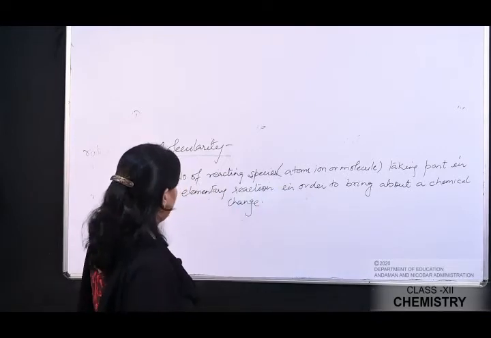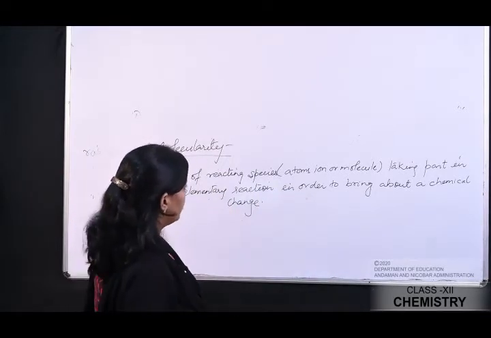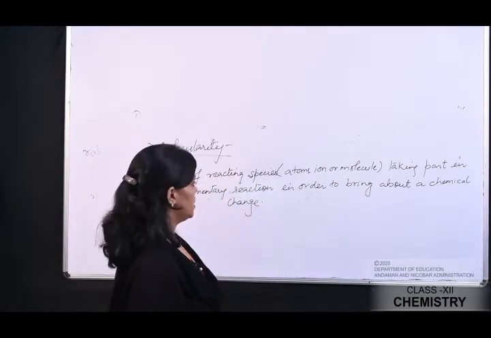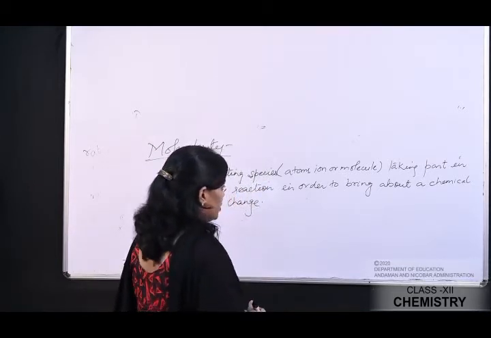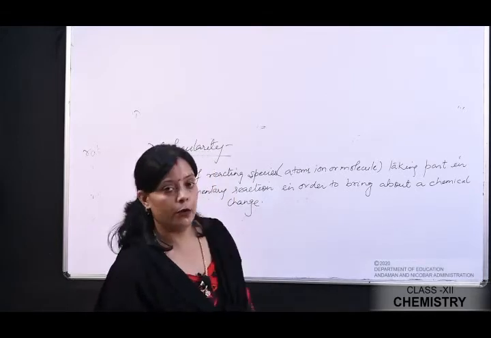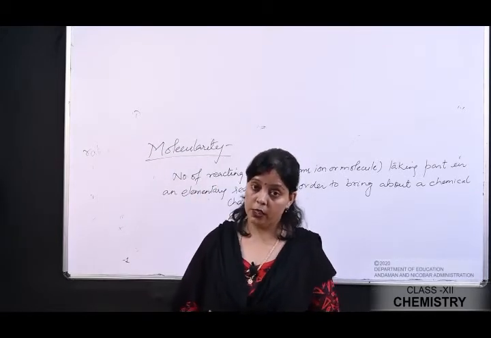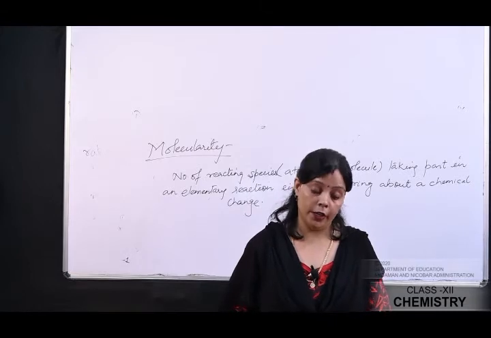Okay, the molecularity of a reaction is defined as the number of reacting species. These species may be either atom, ion or molecule taking part in an elementary reaction in order to bring about a chemical change. This is called the molecularity of a reaction.